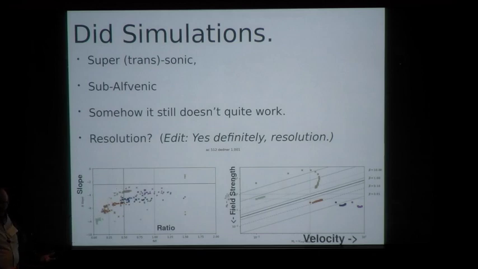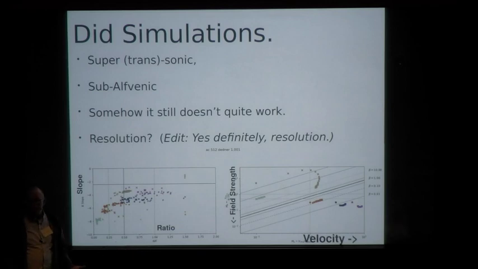It has to be the resolution, because I'm running simulations that are very similar to the simulations that Alexei was running, but these have much more poor resolution. These are all 256 cube boxes. So I think that the resolution clearly can determine the slope because most of the box is in the dissipation range. So if we're going to be doing anything like this, I'd be curious to see if Alexei has any crappy simulations that I could compare against.